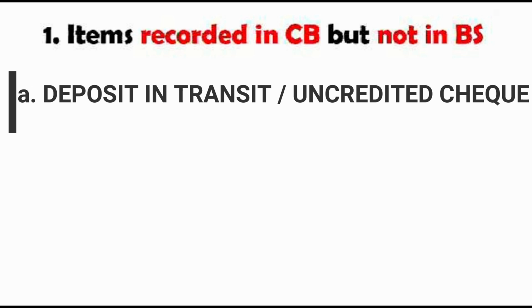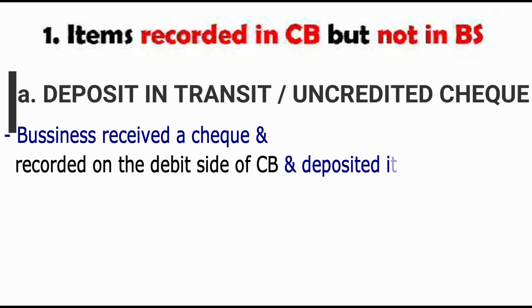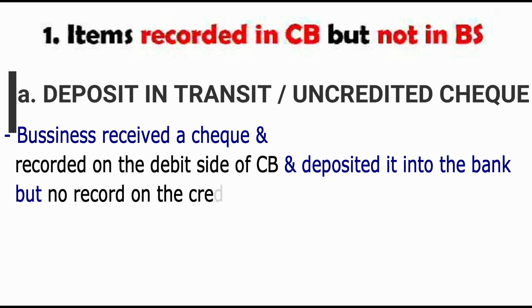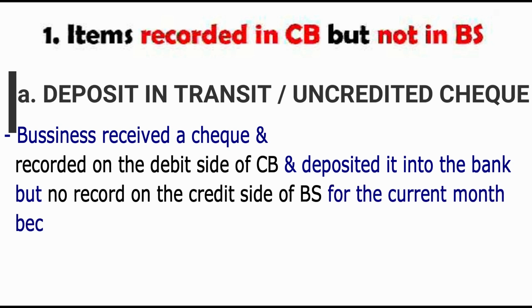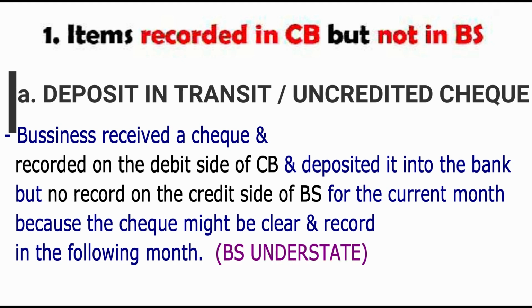The business received a check, recorded it on the debit side of cash book and deposited it into the bank, but there is no record on the credit side of bank statement for the current month. Why do you think it is? It is because the check might be cleared and recorded in the following month.